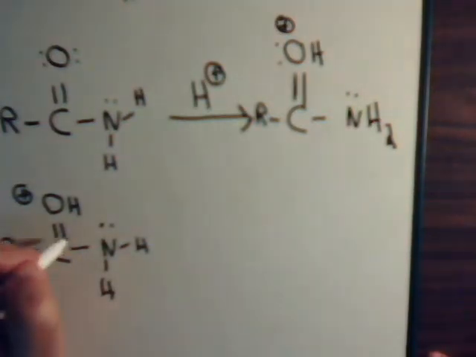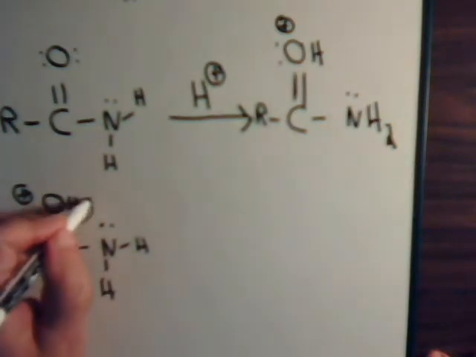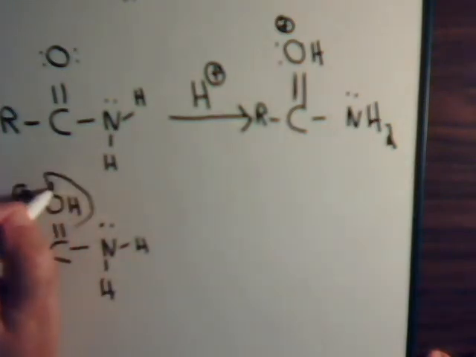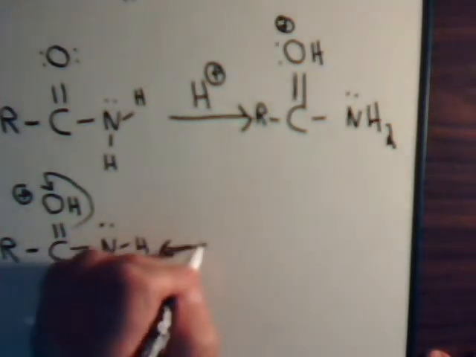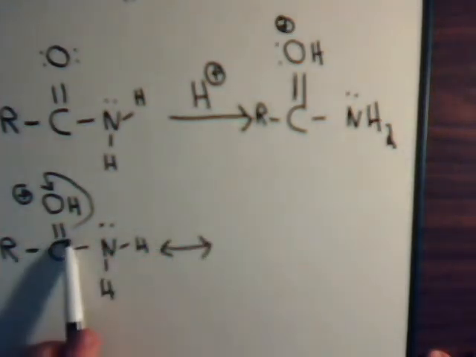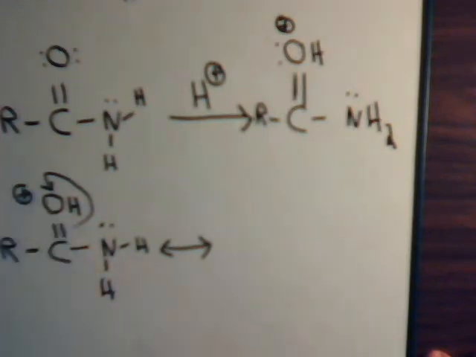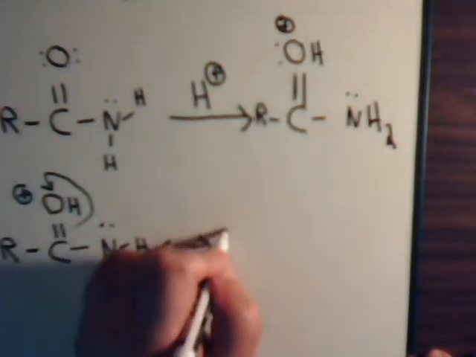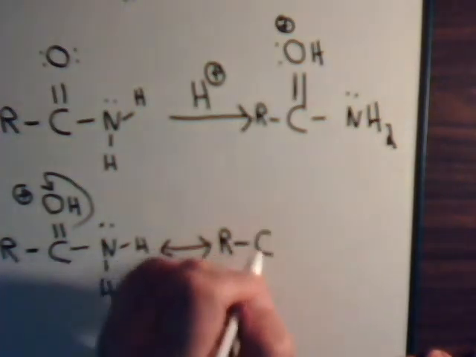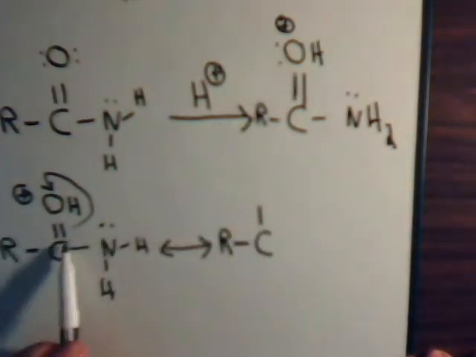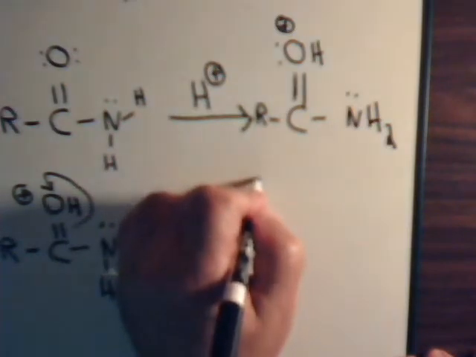Then we imagine that oxygen keeping both of those pi electrons for itself, leaving the carbon with no pi electron because the oxygen stole it. So now we have this. No more a pi bond, just a single bond.